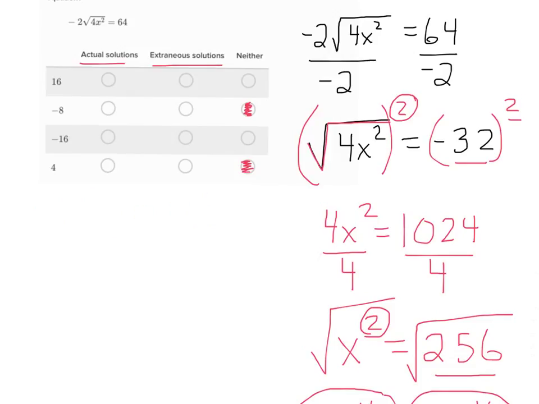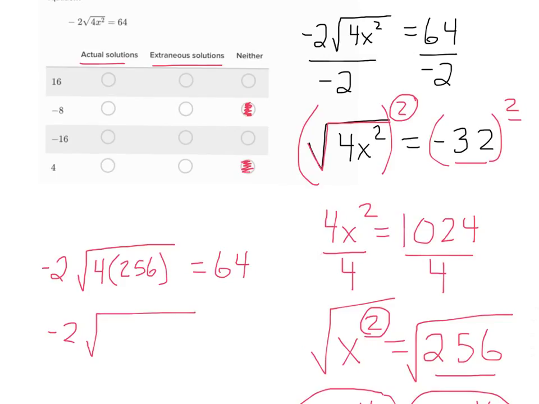I got 256, so this is negative 2 times the square root of 4 times 256, which has to equal 64. Let's multiply 4 times 256, and that gives me 1,024, and that has to equal 64.